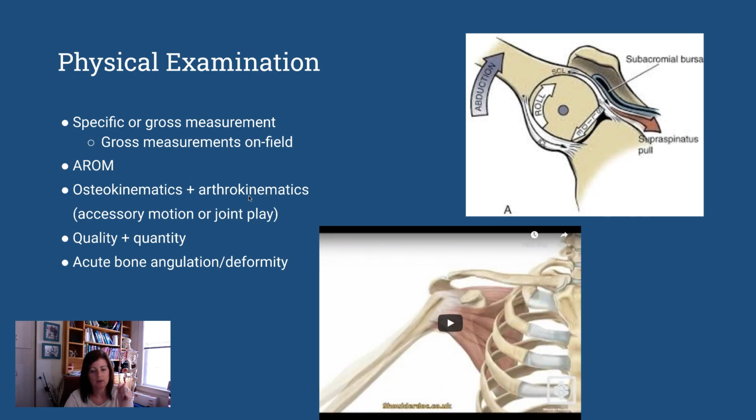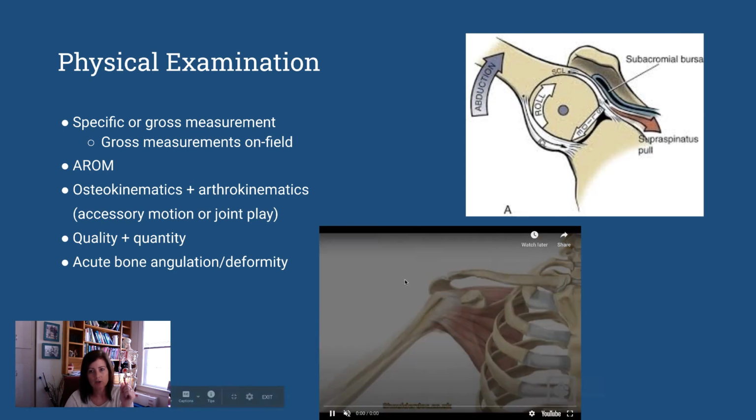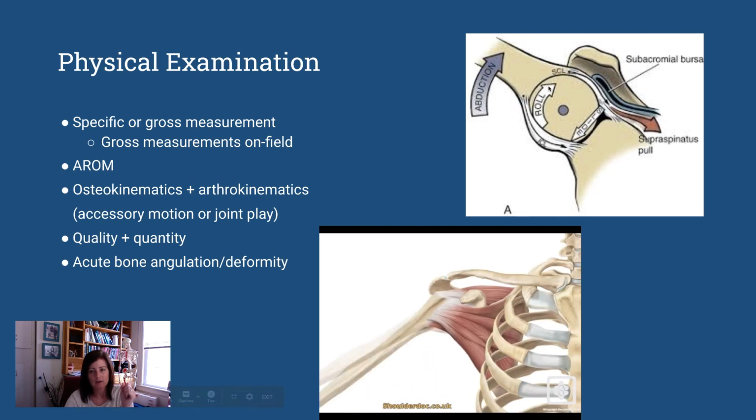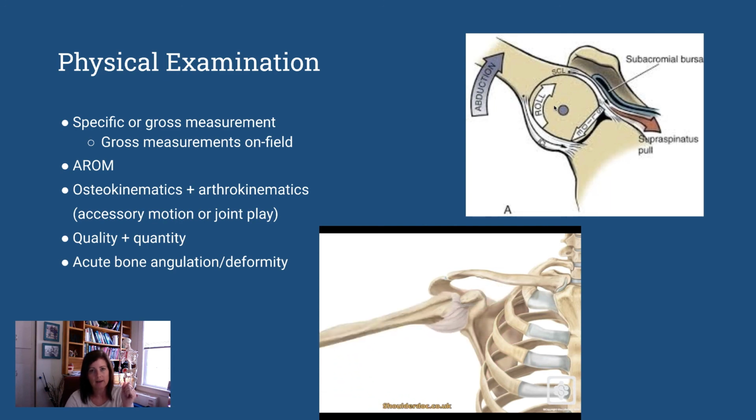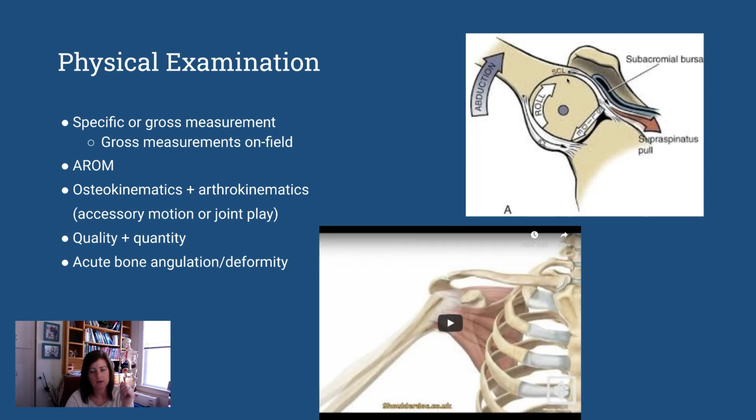So during abduction of the humerus, we've got the arthrokinematics of roll and slide at the glenohumeral joint in order to maintain the proper amount of spacing between the head of the humerus and the acromion, so we don't get an impingement type of situation going on.